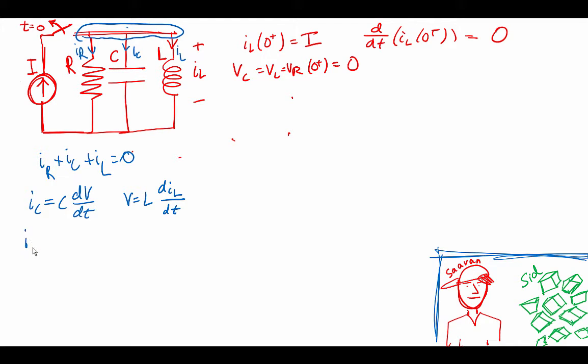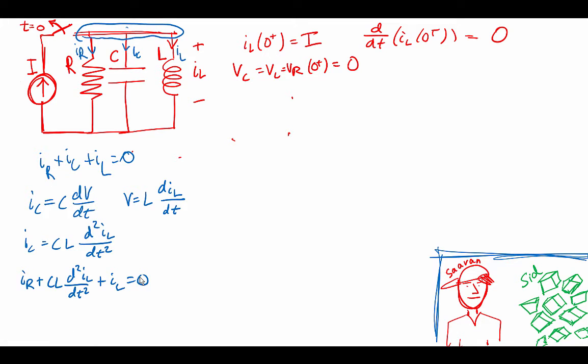So IC equals CL d squared IL/dt squared. Plugging that in, we have IR plus CL d squared IL/dt squared plus IL equals 0.